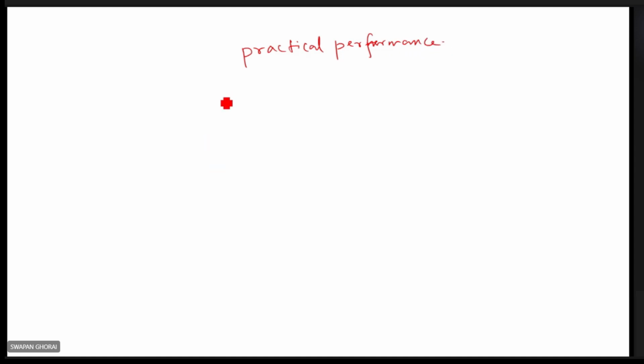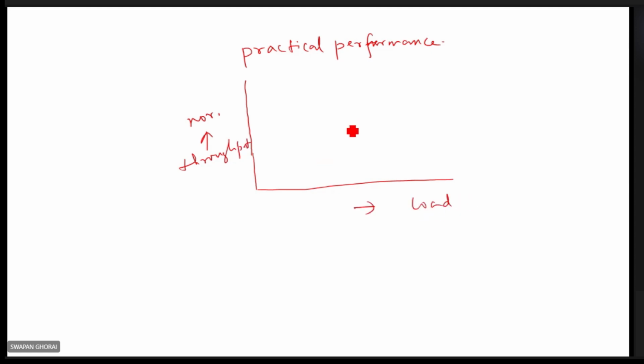When we're considering the finite buffers, here also initially you see the scenario will be completely different. Of course, initially throughput will increase as you increase the load. This is normalized throughput, and this is the normalized load, right?